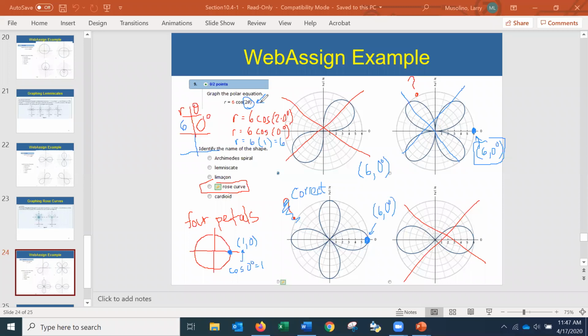So what that means is I'm going to pick a value for theta so that when I multiply it by 2, I get an angle that's on the unit circle to make it easy to work with. Well, I know working with 90 degrees is an easy angle to work with. Or I could work with, let's say, 60 degrees.